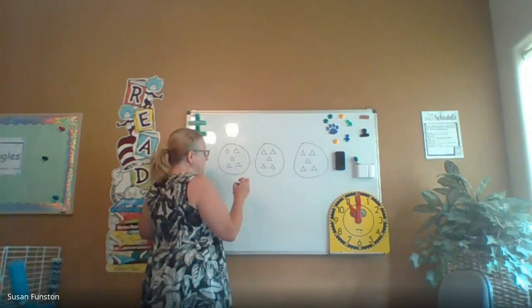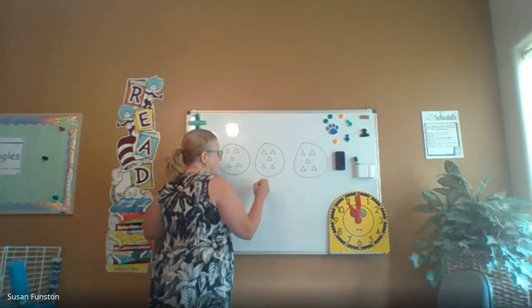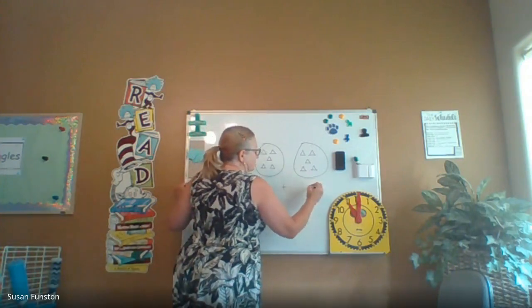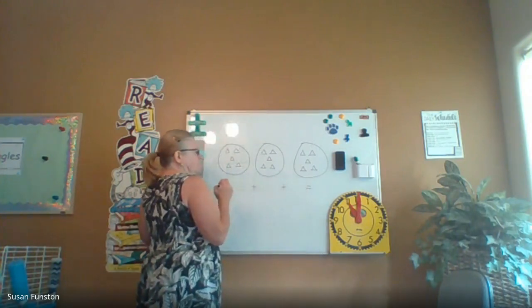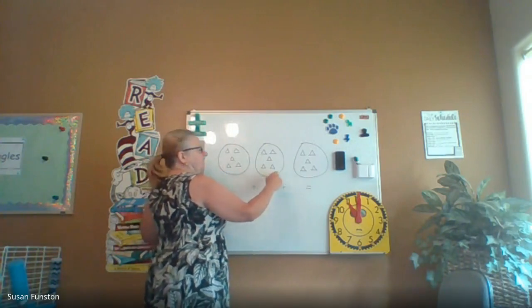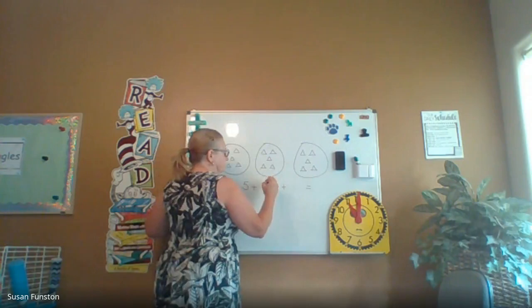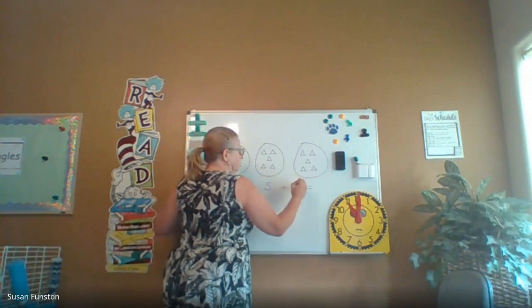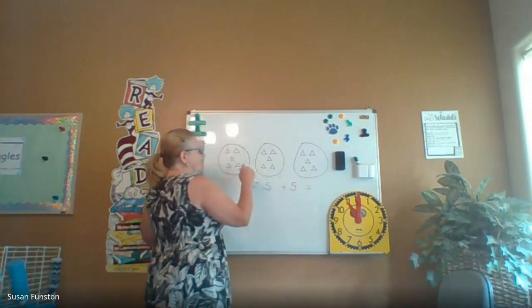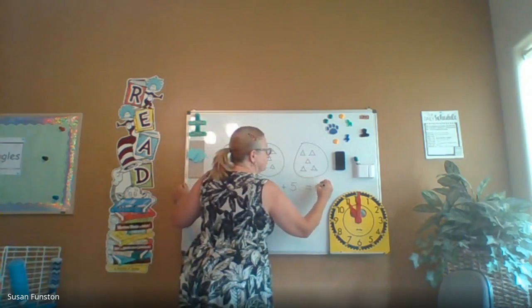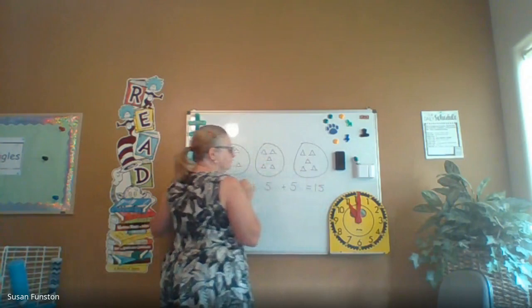Would have something plus something plus something equals something. So I have 5 plus 5 plus 5. I can count by 5s, 5, 10, 15, to see that my total is 15.